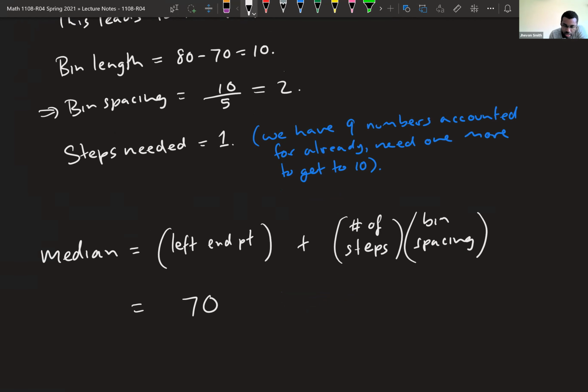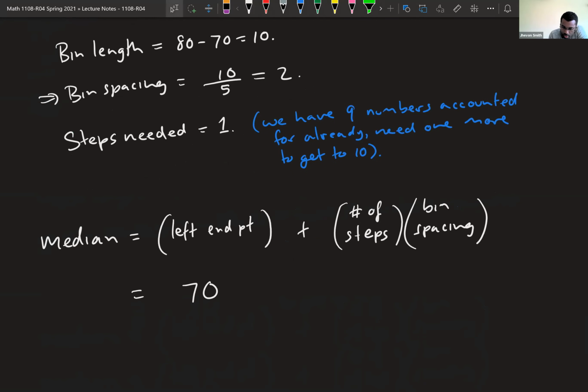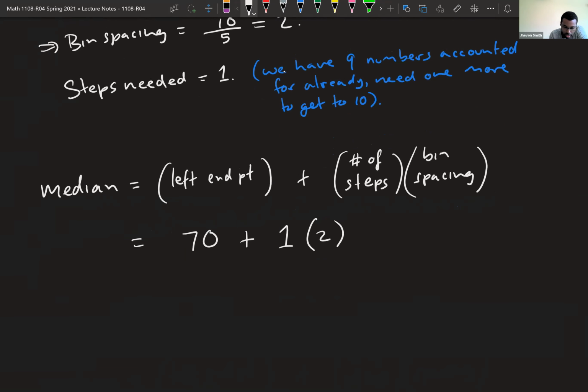Left endpoint was 70, we're in the 70 to 80 bin, plus the number of steps is 1, and the bin spacing is 2. So this is 72. And that is our approximation for the median, 72.